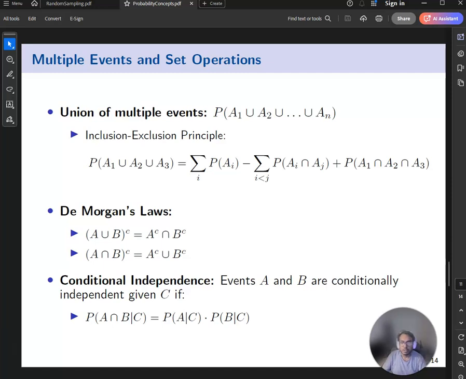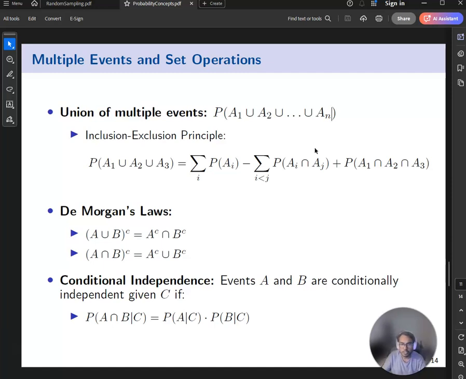Now let's talk about working with multiple events and set operations, which are essential for solving complex probability problems. First, we begin with the union of multiple events. So you have A1, A2 up to An. There are several events.